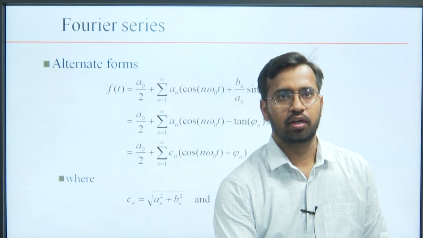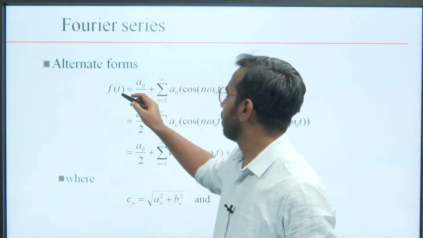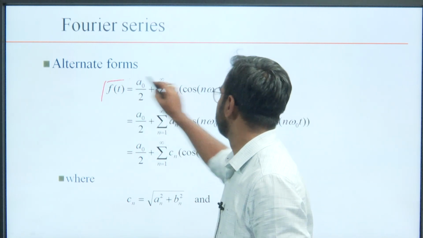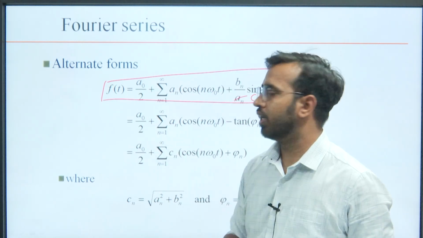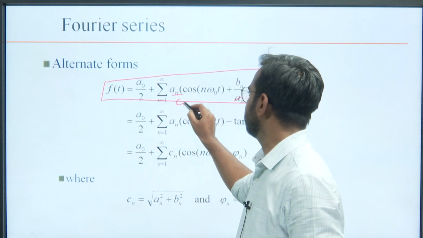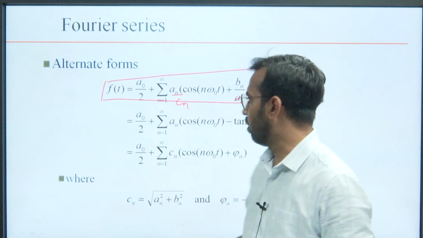Okay. Next, also we have converted this common form into this Cn form, another form. How have we got this form?